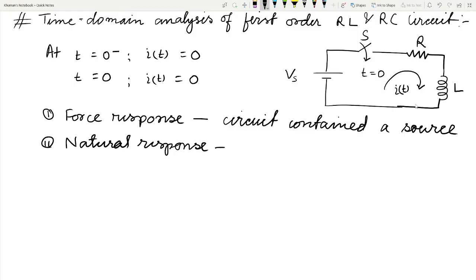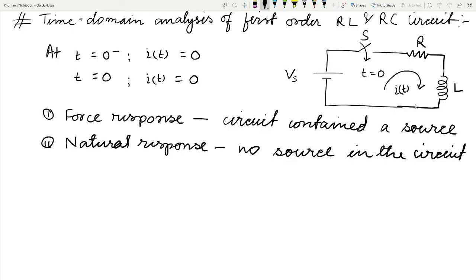This response we get when there is no source in the circuit. For this circuit, the source is Vs, which is in the circuit when we close the switch at t equal to 0. So this response will be a forced response.